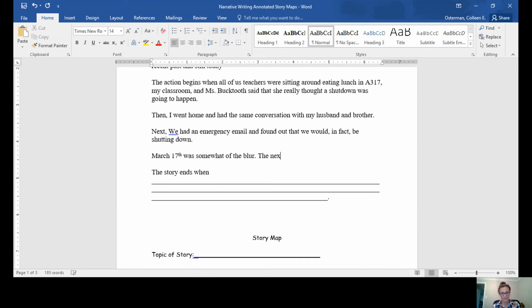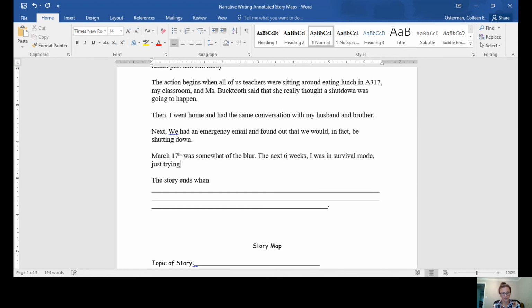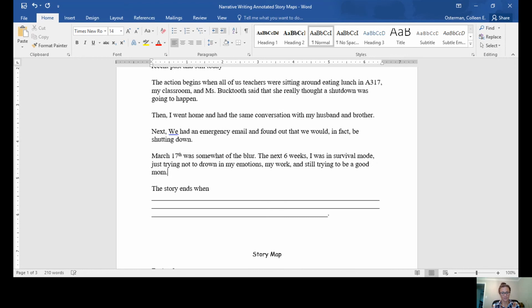The next 6 weeks, I was in survival mode, just trying not to drown in my emotions, my work, and still trying to be a good mom. So this paragraph is going to talk about the next 6 weeks and what I did.